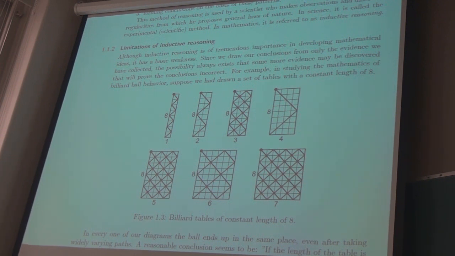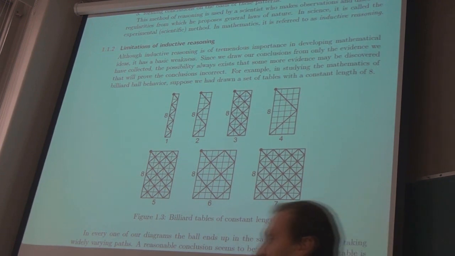For every one of those, the path ends in the top left corner. Are those examples sufficient to conclude that regardless of the board, any board, the ball is going to end in the top left corner? That's the conclusion you can base on your example. But that's not a correct conclusion in general, because I didn't vary my examples enough. I don't have enough examples.